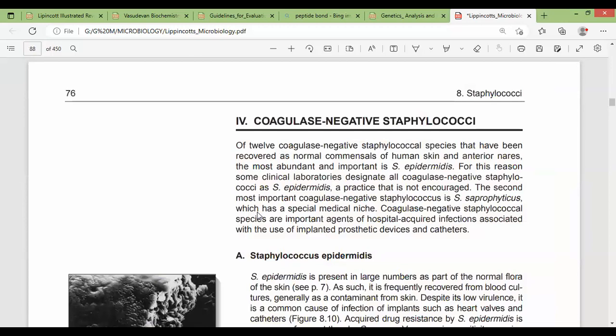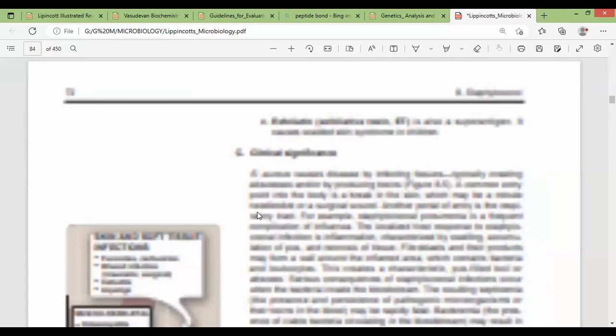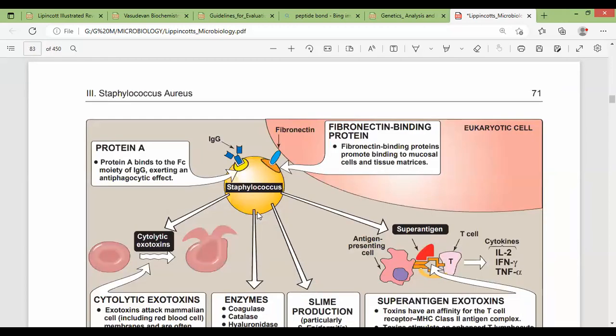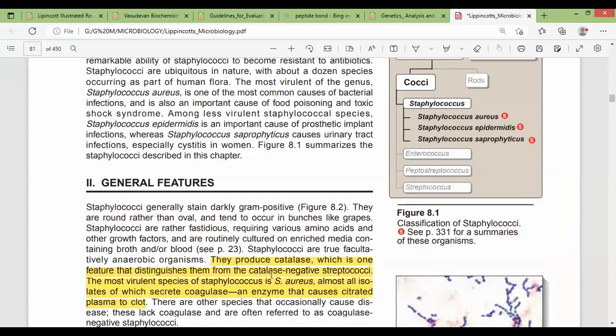I just want to highlight that we saw that Staphylococci produce catalase, and this is the feature that distinguishes them from streptococci.